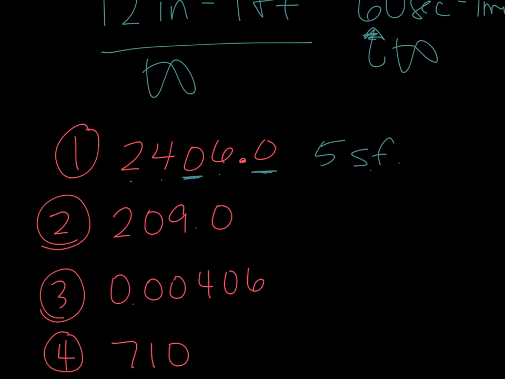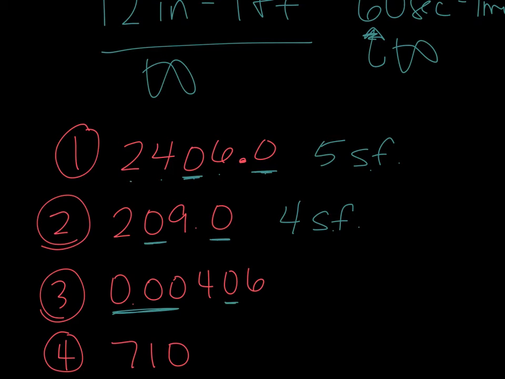All right, number 2. Is this 0 significant? Yes, it is sandwiched. Is this 0 significant? Yes, because it's trailing and we have a decimal present. So then that means that there are 4 significant figures. All right, number 3. Are these zeros significant? No. Rule number 2 says leading zeros are never significant.